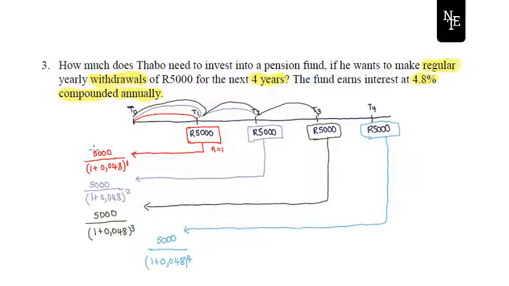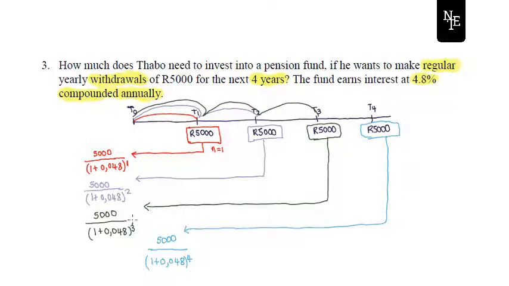So this value of P, if you think of it in the forward sense, it goes back to the first example. Whatever this value of P is, if you had it in your hand and invested it for 1 year, at the end of 1 year you would have 5,000 Rand. And this second value of P, if you invest it for 2 years, at the end of 2 years you would have 5,000 Rand in your account.